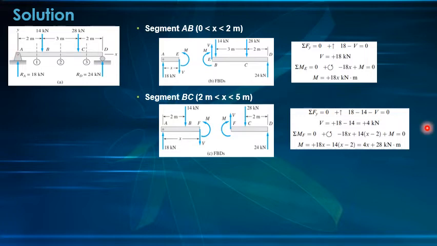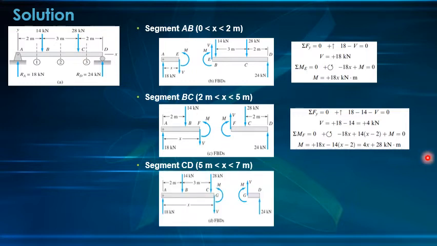And lastly, we have the segment CD, which is considering cutting plane 3. That is from 5 meters to 7 meters. So, we cut it, class. This will be how it looks. Again, since we cut it, there will be a positive shear and a positive moment. And that cutting plane will be x distance from the leftmost part of the beam.